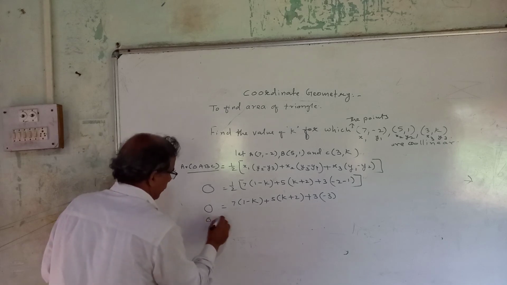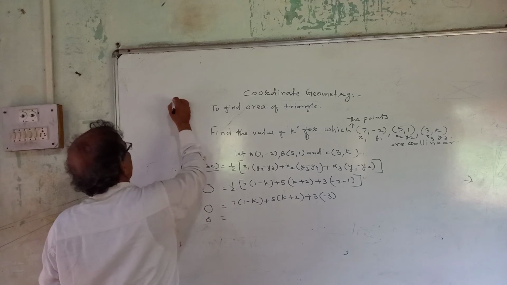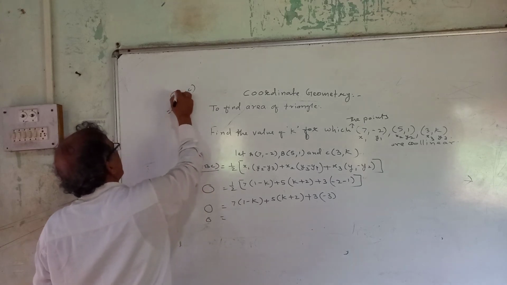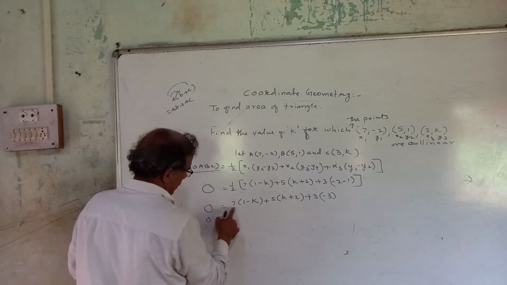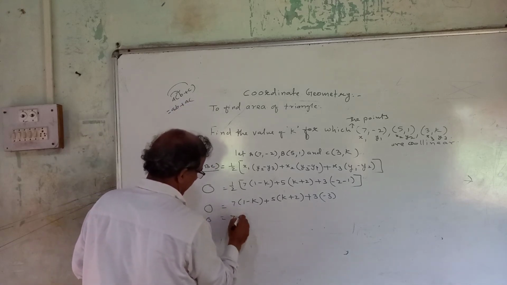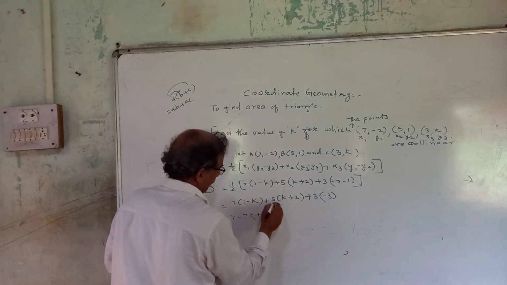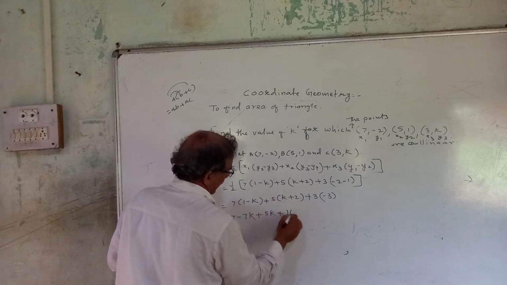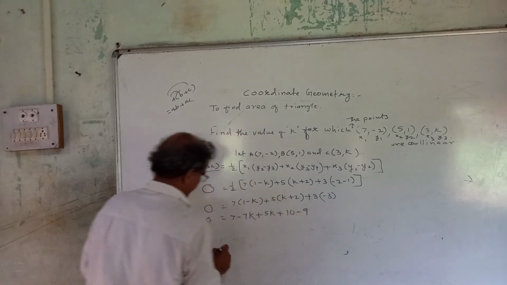So 0 is equal to, now 7 into 1 minus k. So you have to use that identity, a into b plus c. How you solve? A into b plus a into c. So like that. 7 into 1, 7, 7 into minus k, minus 7k, plus 5 into k, 5k, plus 5 into 2, 10, plus 3 into minus 3, minus 9.